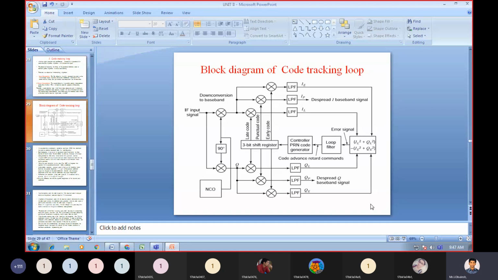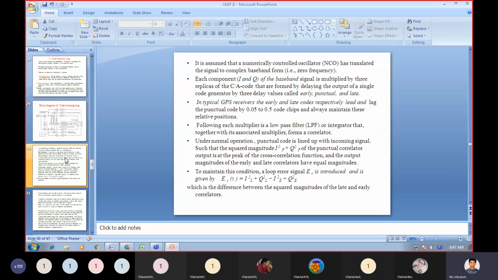After giving the in-phase component and quadrature component to this block, you get the error signal. You will see the total working principle in the next slide.